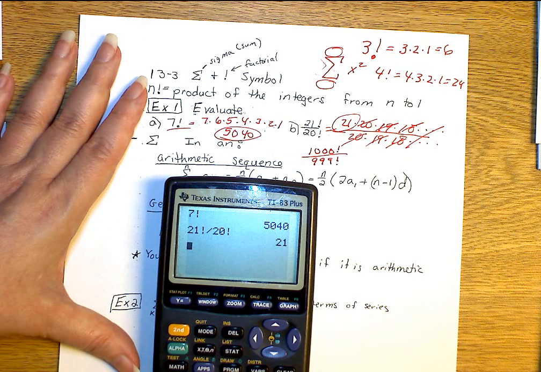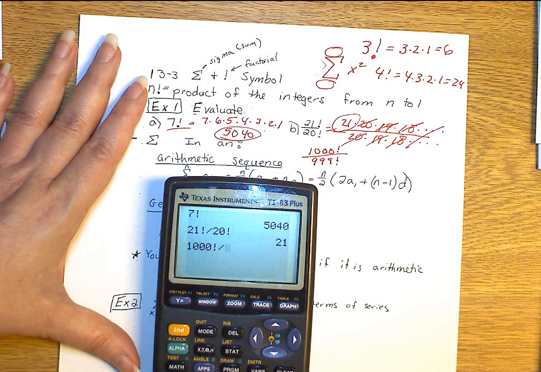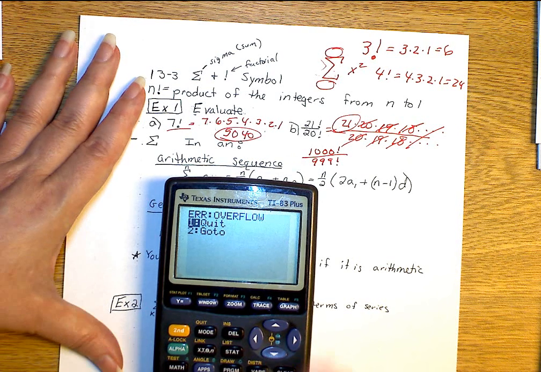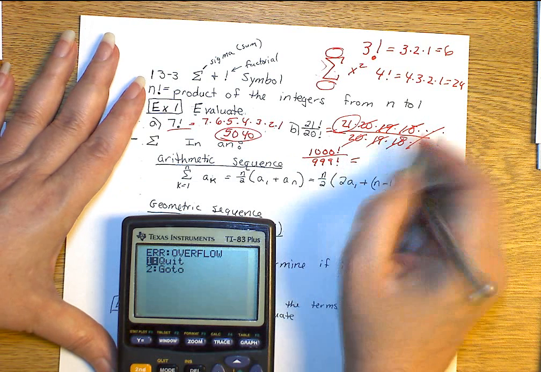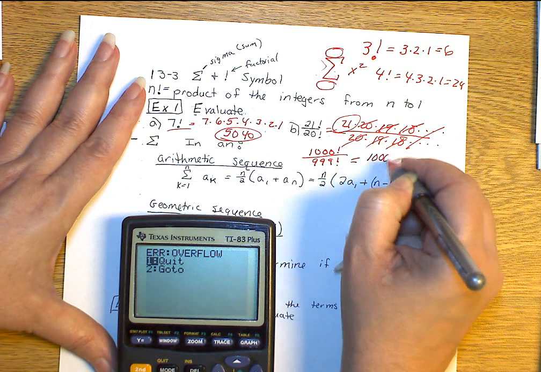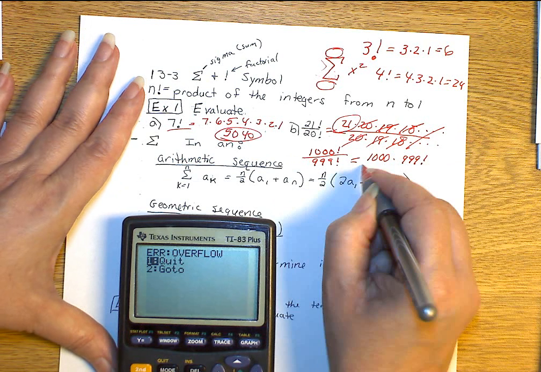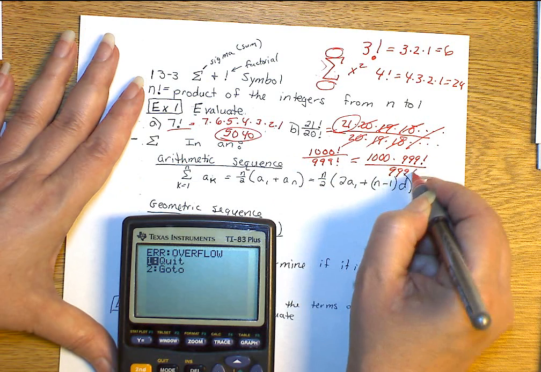Your calculator will say overflow, because it cannot think. It only knows to go 1,000 times 999 times 998. The biggest thing you have to realize is that you have 1,000 times 999 factorial, so that cancels out with the 999 factorial on the bottom.